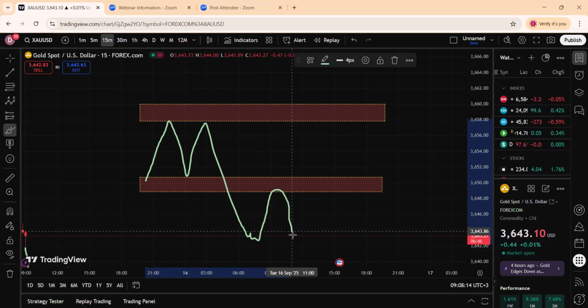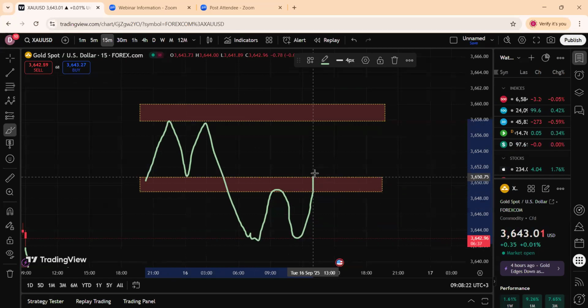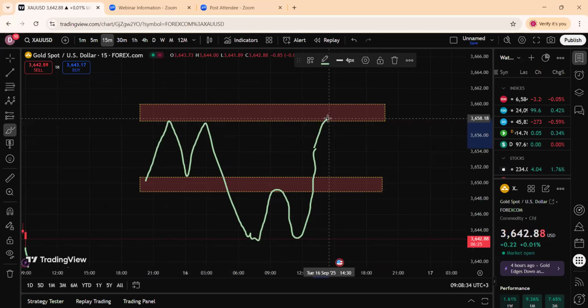We might expect the market to get rejected, come back to support, go back to resistance. In case this resistance is broken like that, this becomes our new support, not now resistance. It will change now to become the support. Come back to our resistance, come back to our support, go back to resistance.